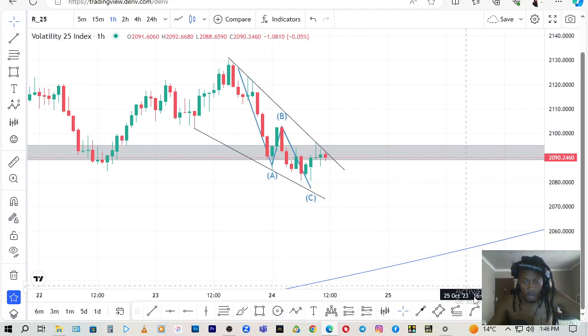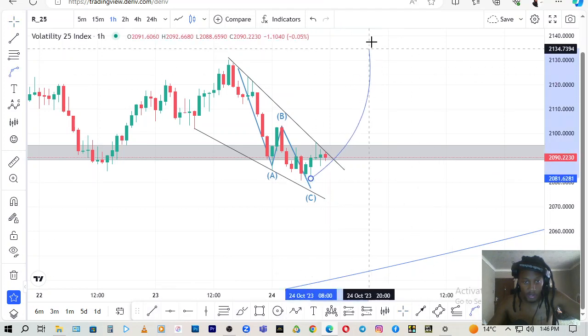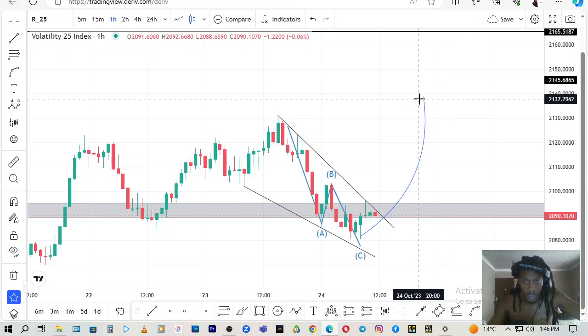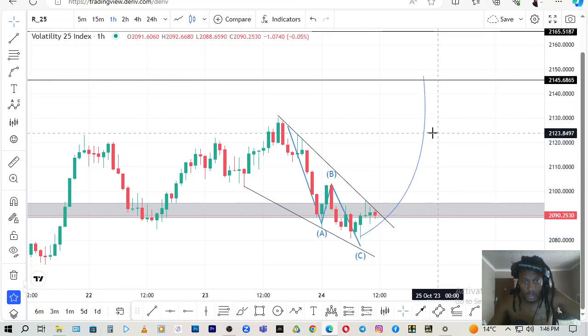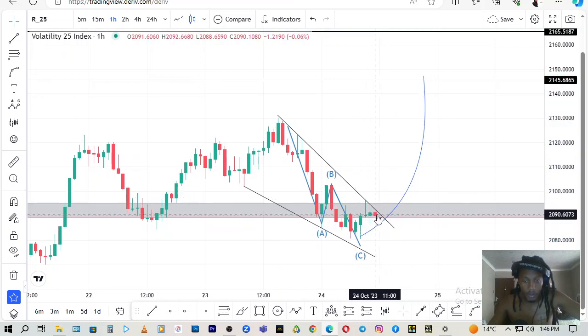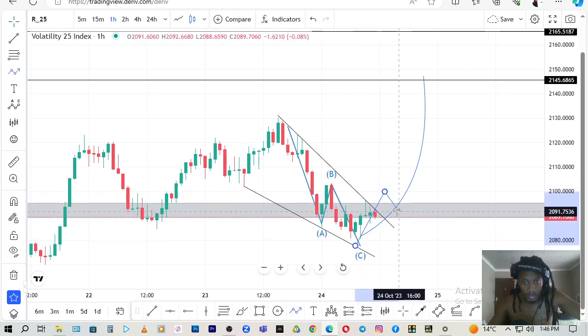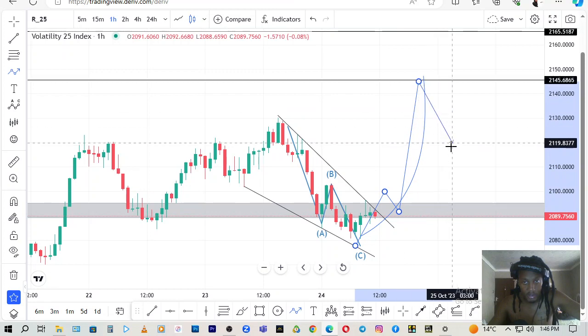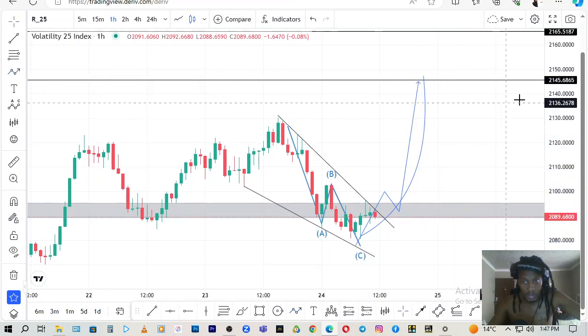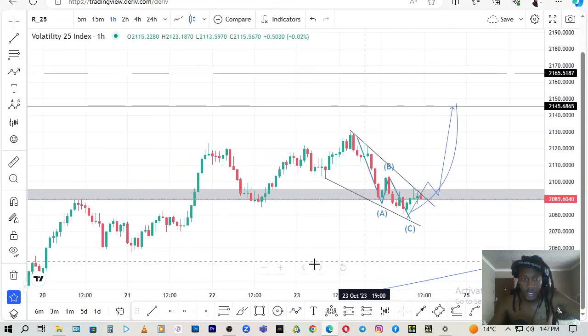It might head up from this level. It might head up to this level over here. But then overall, I'd wait for something like this.